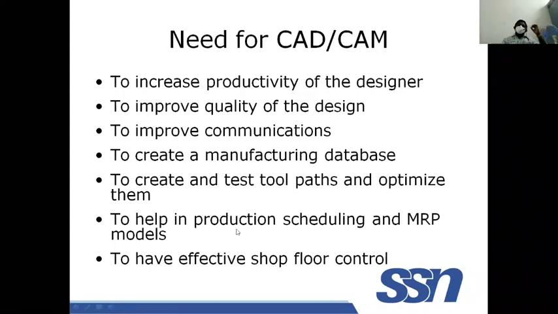Again, this point deals with CAM activity to help production scheduling and MRP, material resource planning models. CAD CAM packages are used to have effective shop floor control. These are all the reasons for which people go for CAD CAM.